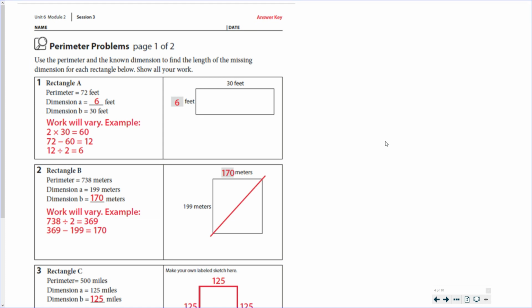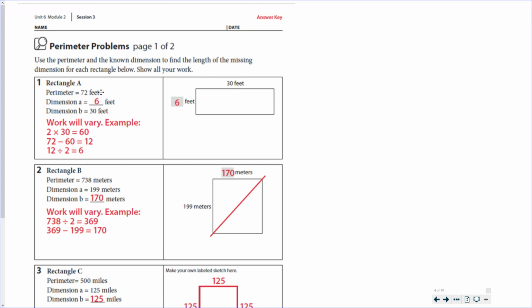You see on problem 1, the missing dimension was 6 feet. What they did was take the known dimension and multiply that by 2. So we knew that we had 30 feet for the length on dimension B. They took 30 times 2. They ended up with 60.